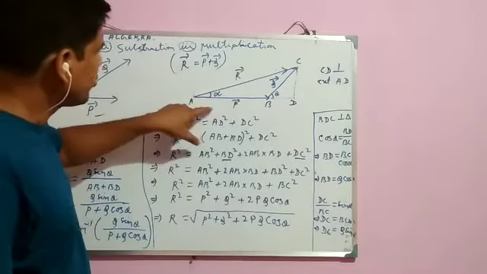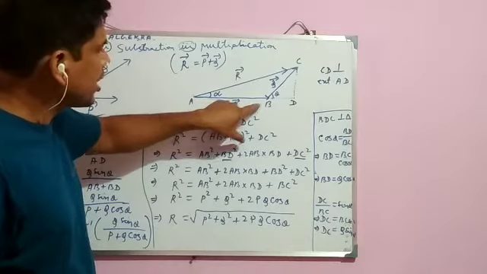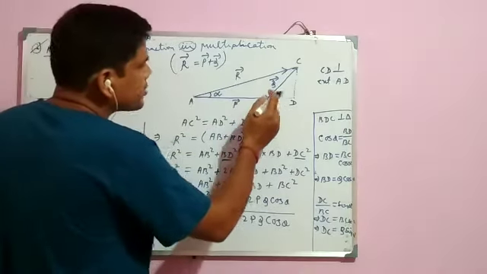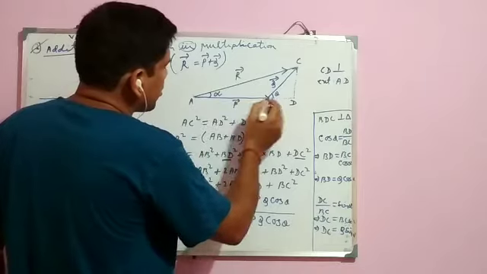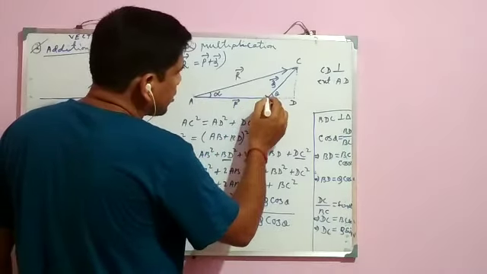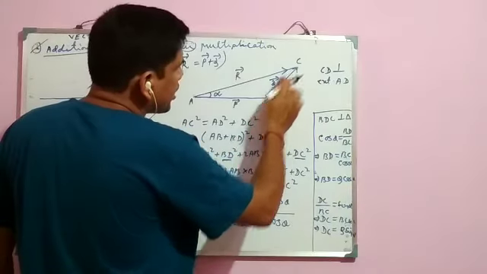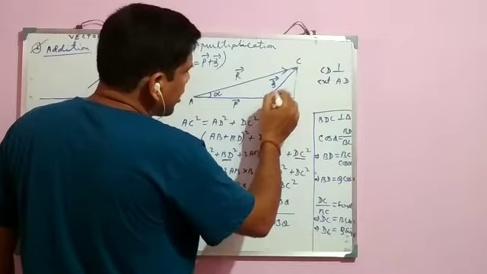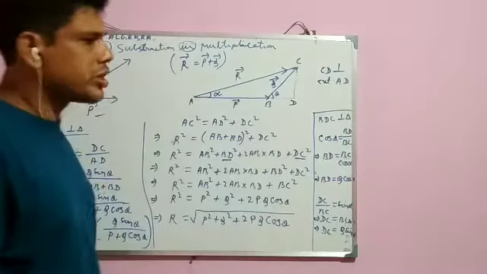Now see, vectors AB and BC are taken in the same order. Why? Because the terminal point of vector p, which is B, and the tail point of vector q, which is B, coincide with each other, so they are in the same order.